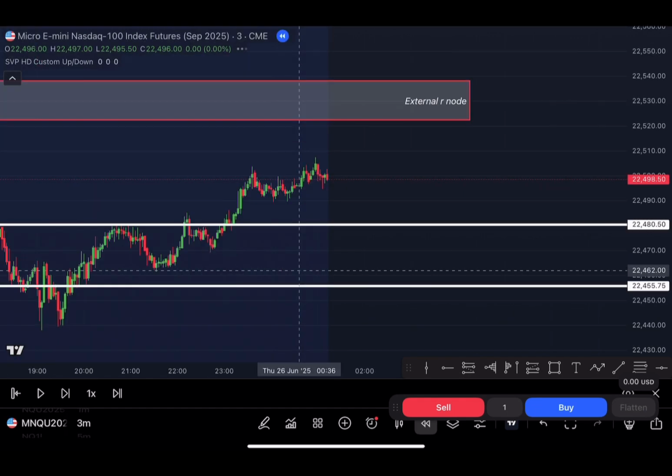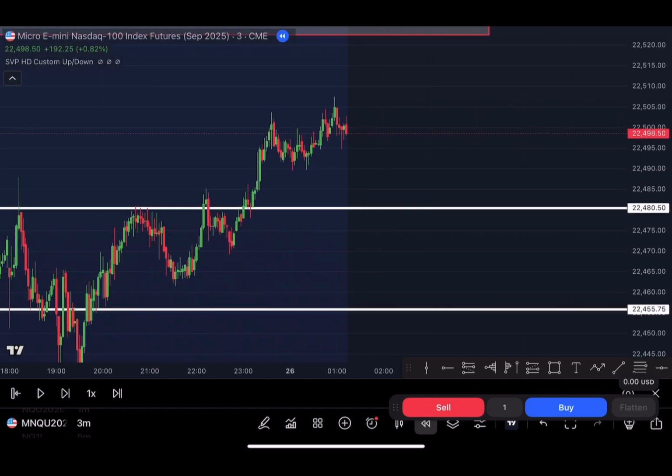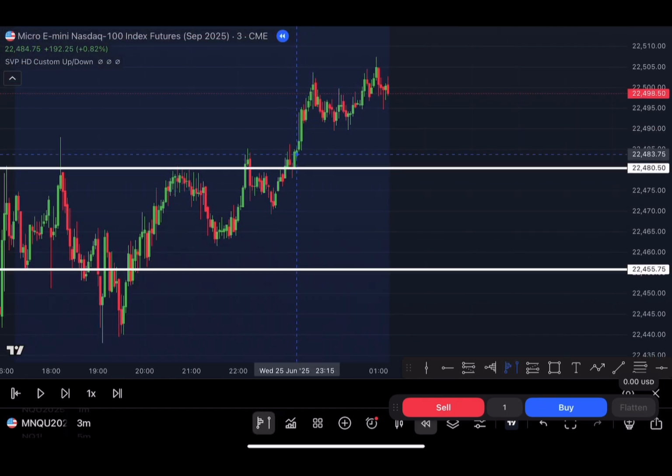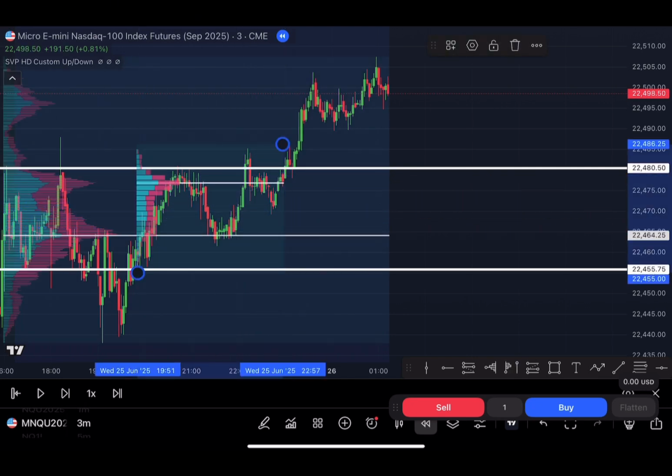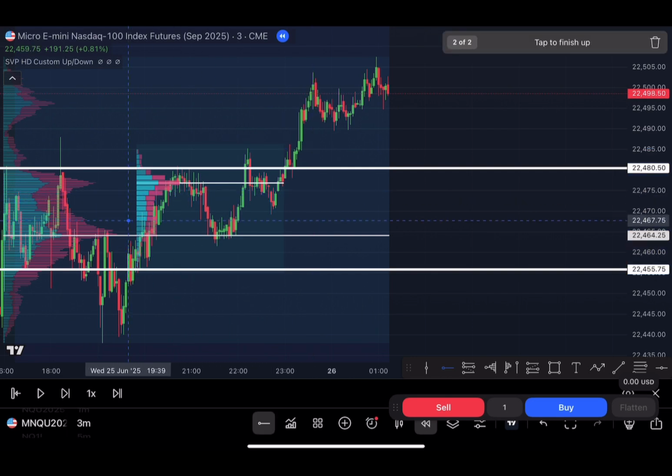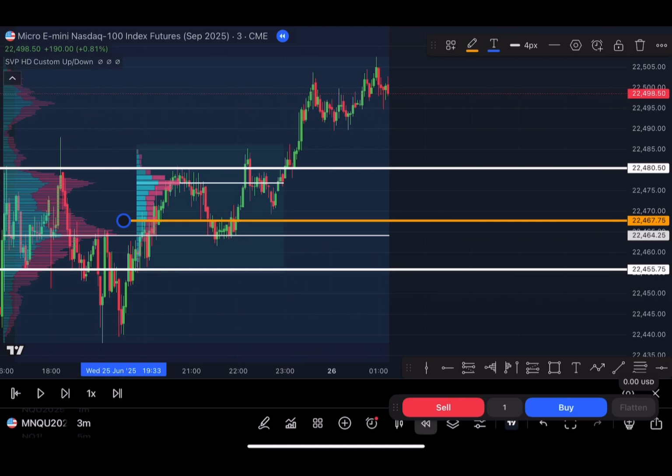Let's go on the 3-minute time frame. And this would be my starting point. And let's carry it here. Now let's mark my liquidity, my end zone. Right?